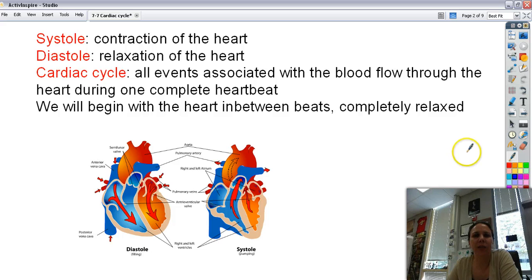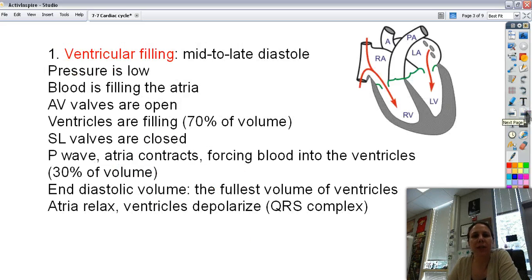So we're going to begin when the heart is in between beats, after the PQRST. So between the T and the P part of the cycle, when the heart is completely relaxed. First thing that happens is ventricular filling. This is mid to late diastole, and diastole is relaxation.